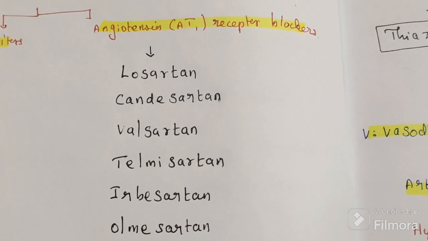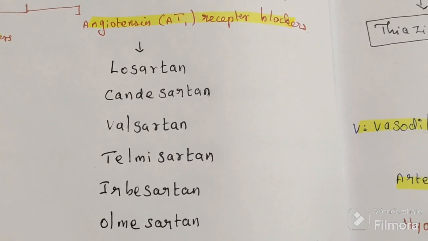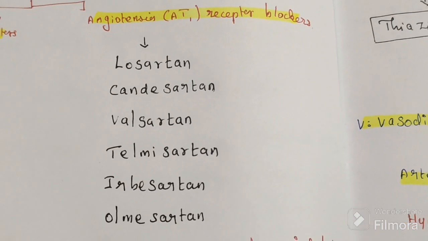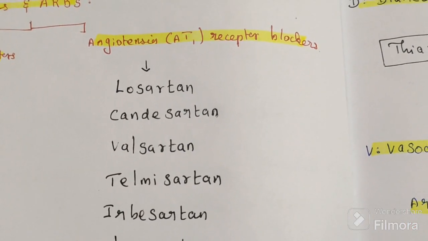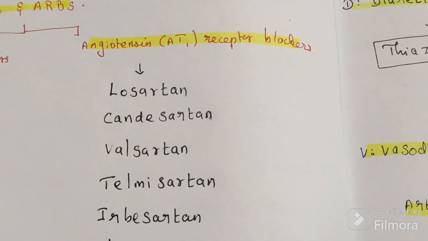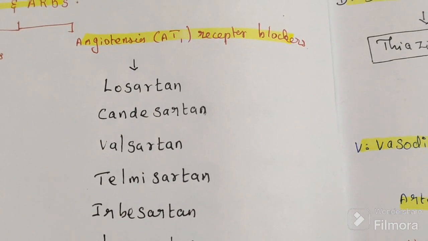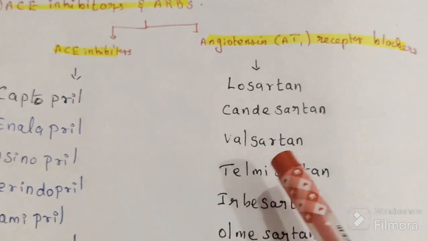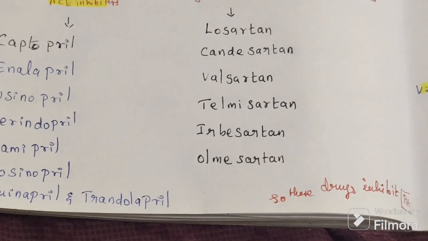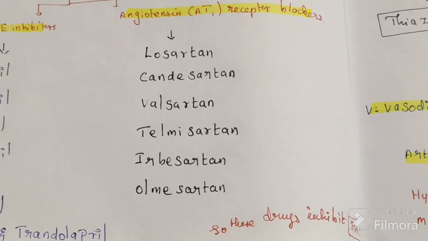Losartan, candesartan, valsartan, telmisartan, irbesartan, and olmesartan. So the ACE inhibitors have the suffix pril, and here the suffix is sartan. These are the drugs that inhibit RAS.